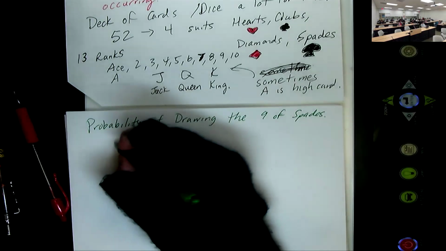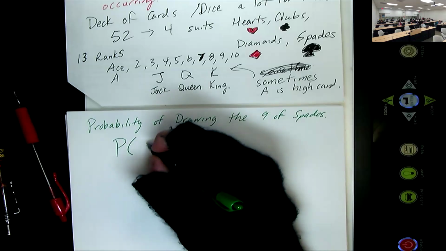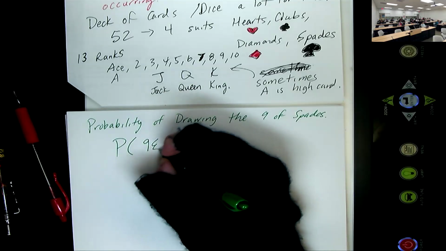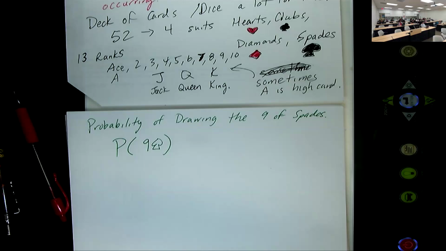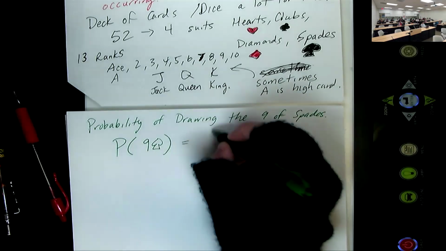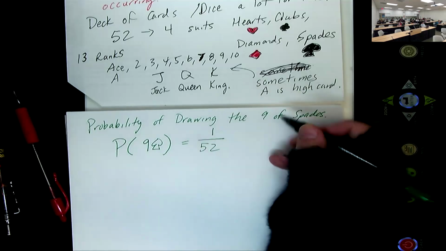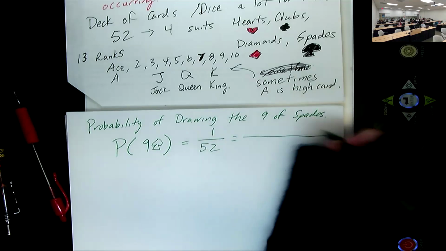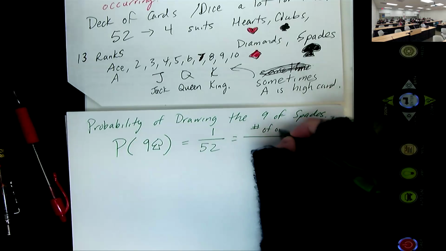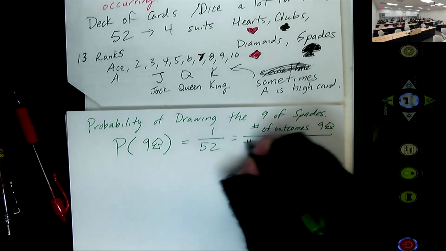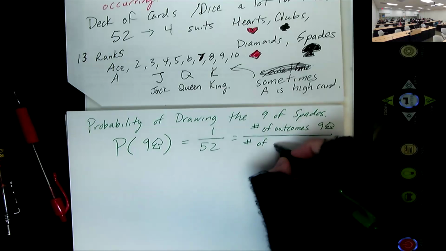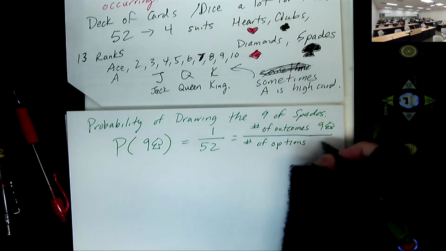We will write it with a P and then parentheses, and then we'll say what we're looking for in the parentheses. P(9 of spades) is 1/52, which is the number of outcomes that are 9 of spades, out of the total number of options, 52.